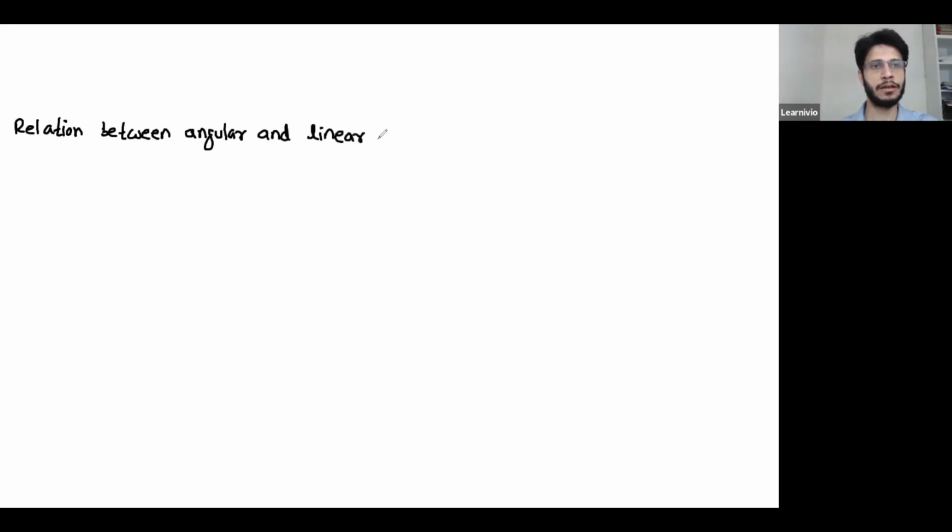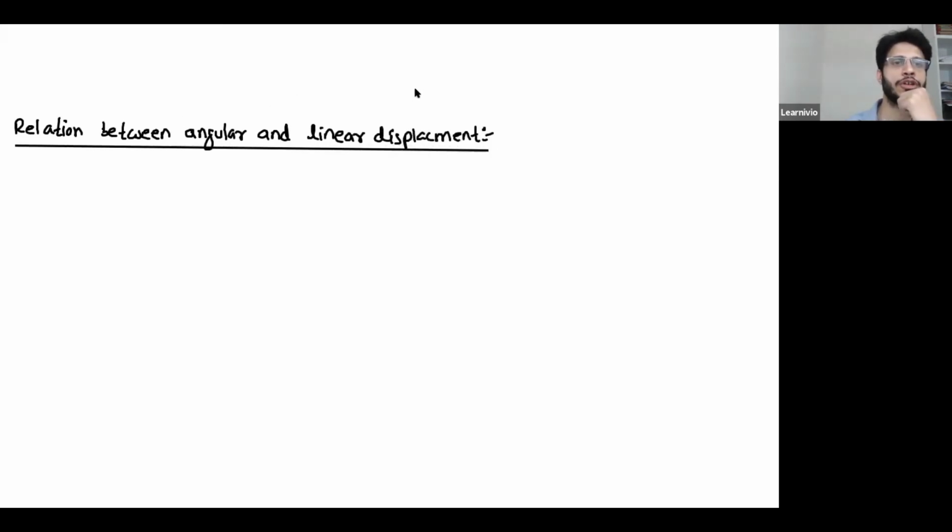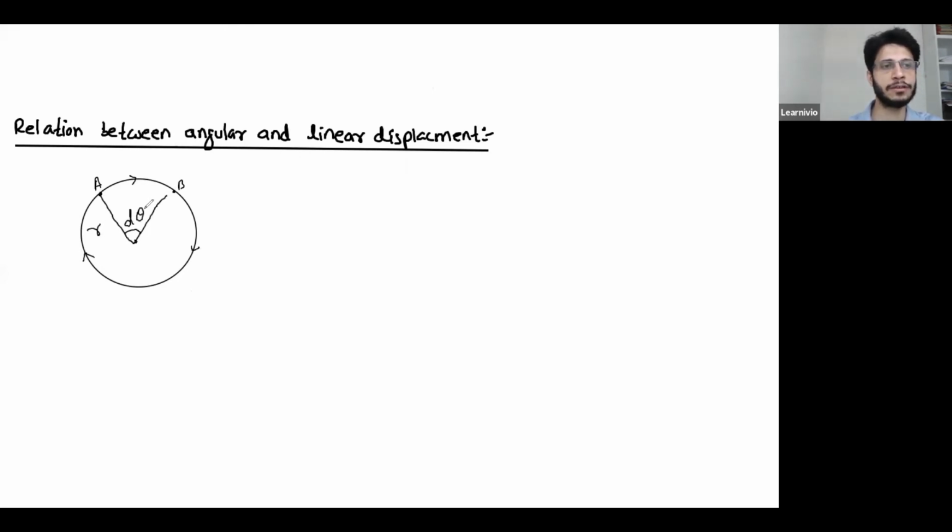Let's say a body is moving on a circular track. This is point A and this is point B. It moved from A to B. While moving from A to B, this is the radius, and it covered an angle. I call this angle d theta. So the angular displacement is d theta.